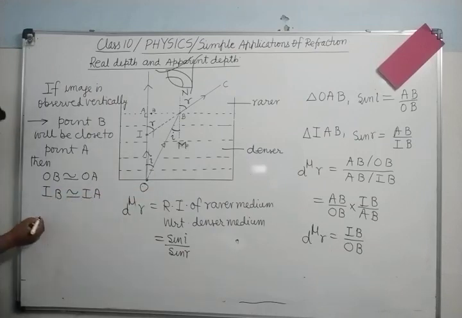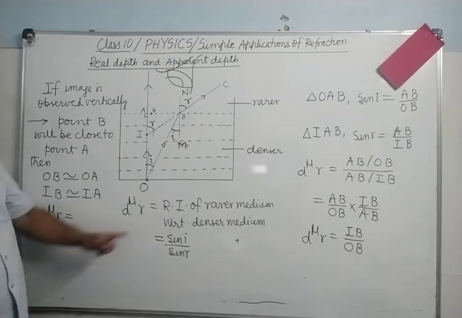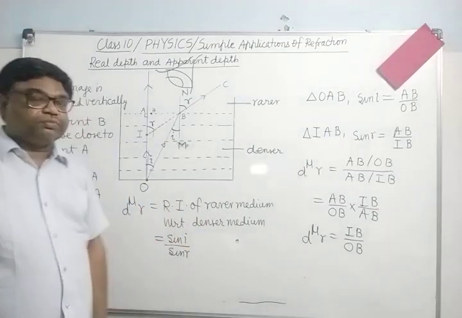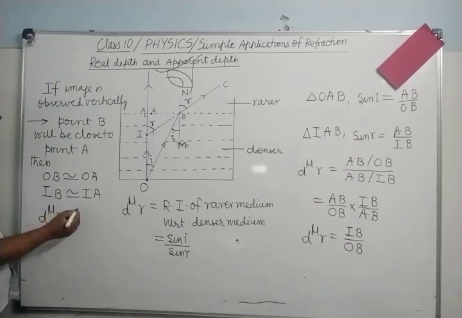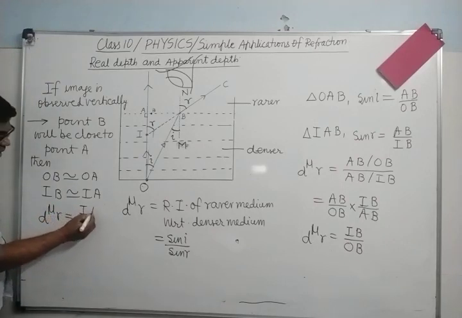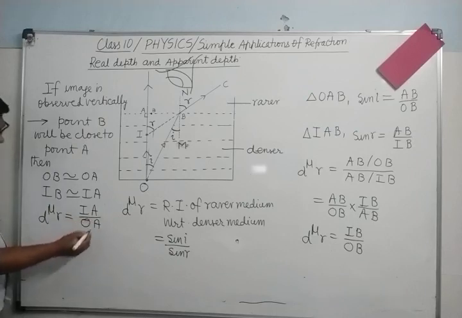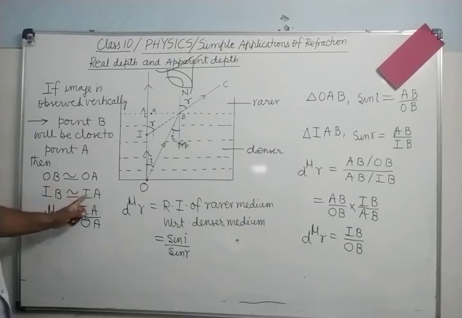So what will be d mu r? D mu r, the refractive index of rarer medium with respect to denser, will be equal to IA upon OA. In place of IB you write IA, in place of OB you write OA.